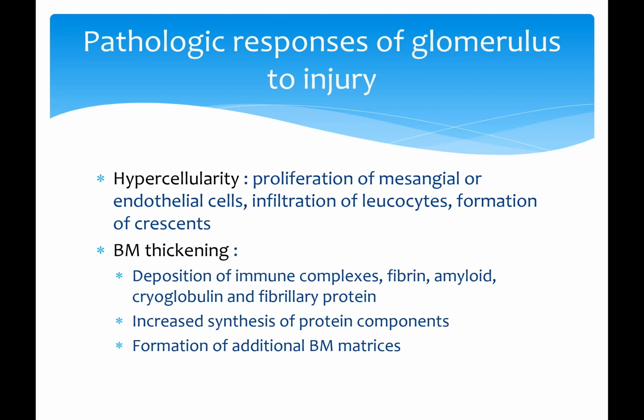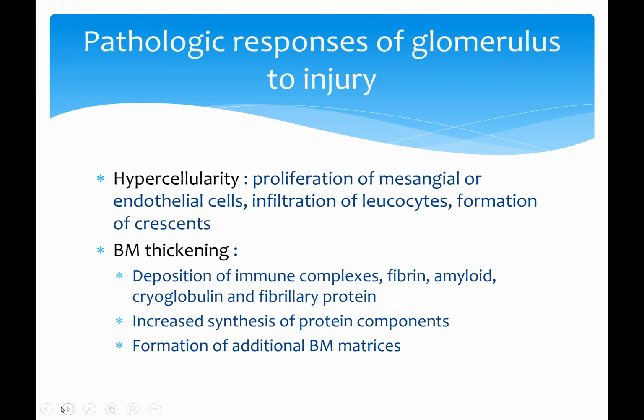It may also be that there is increased synthesis of protein components, formation of additional layers of basement membrane matrices, which often occupy subendothelial locations, may range from poorly organized matrix to fully duplicated lamina densa, as in patients with membranoproliferative glomerulonephritis. I'll show you that a little later.